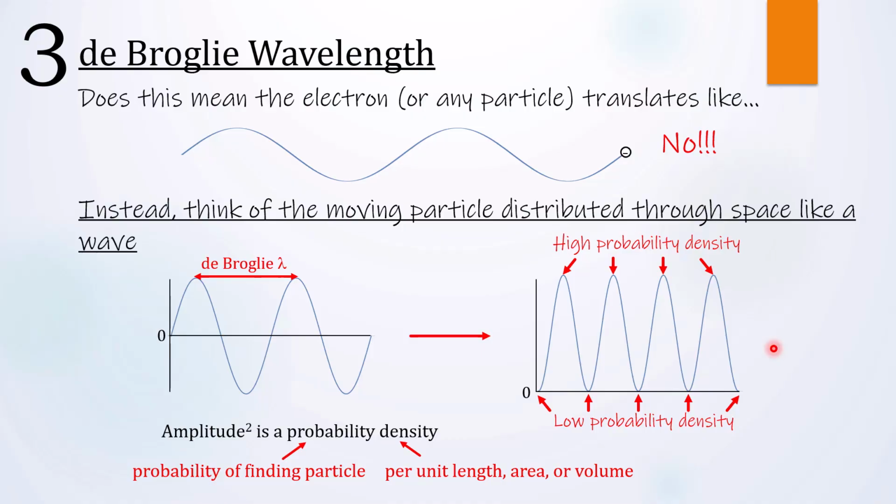So if we think of the particle as moving through space like a particle, then as a particle moves across in this direction, we can think of it like an electron, or like a thrown baseball, for instance. However, when we think of that particle as a wave, we actually have regions of high and low probability of finding that particle. If this strikes you as very strange, good.